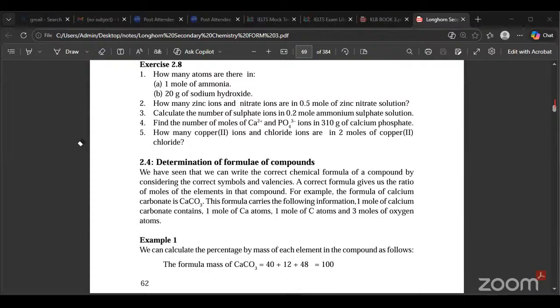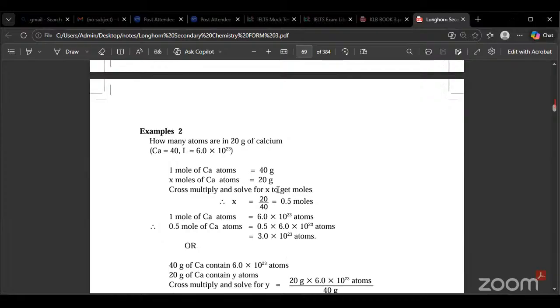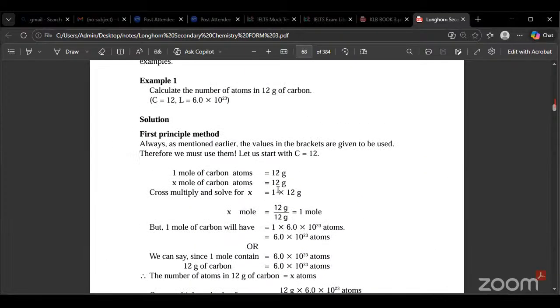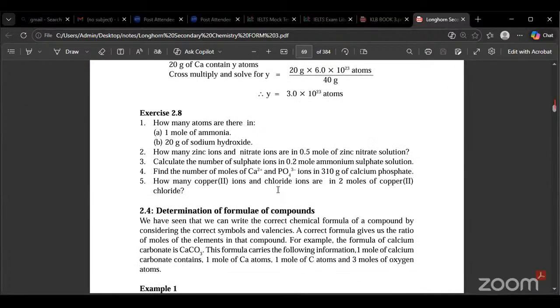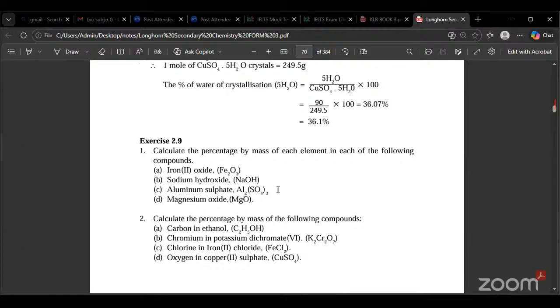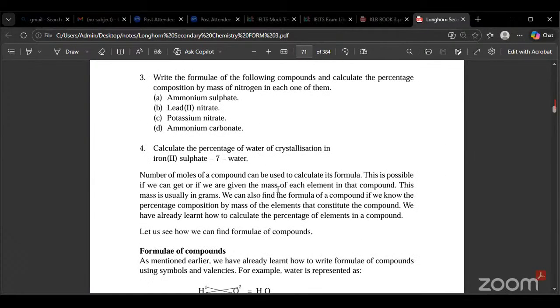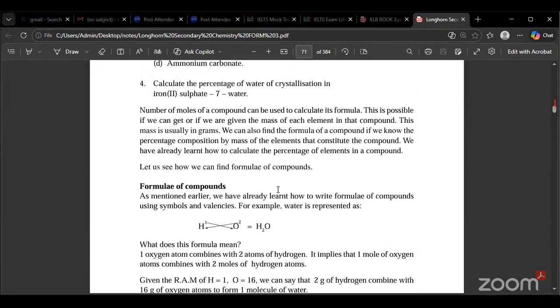This book, if you have the long one, it has very good examples, especially if you are doing more examples. So we have the composition by mass.